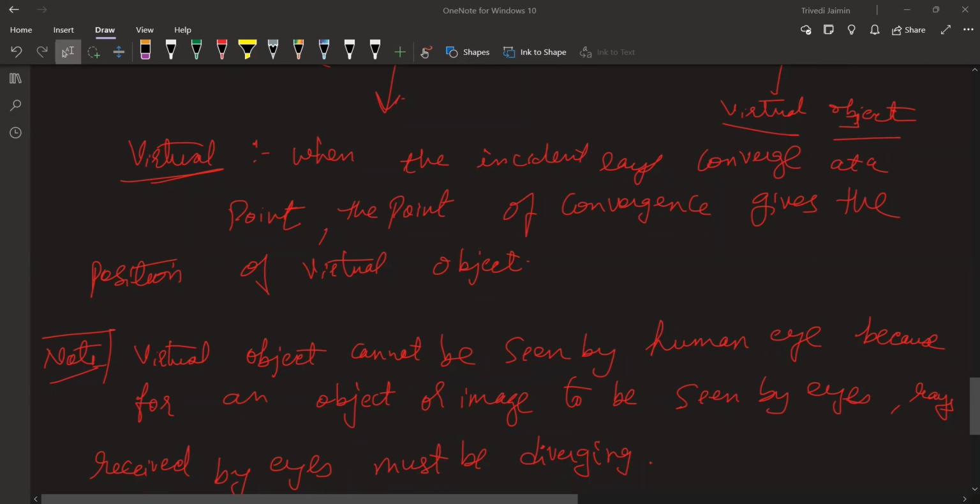In the last pre-board exam I was asked a tricky question: when will a virtual real image be formed? If you think of a virtual image, you can form it, but a virtual real image means we need 2-3 mirrors and cameras and all that.